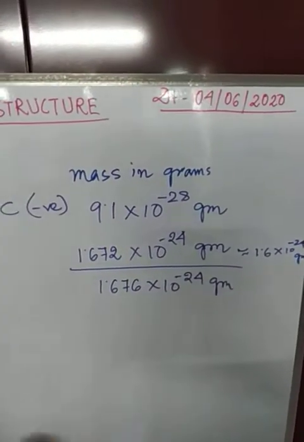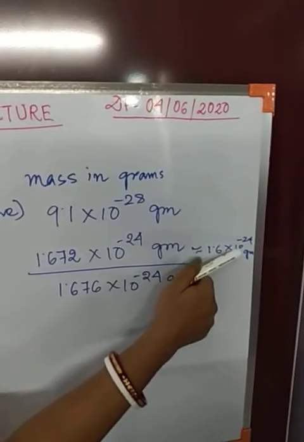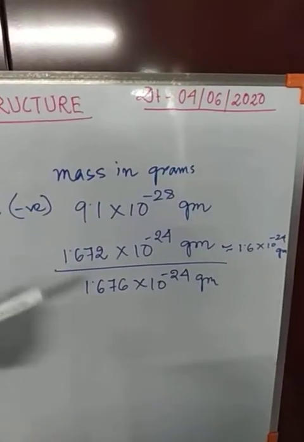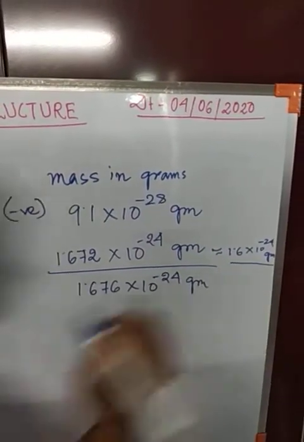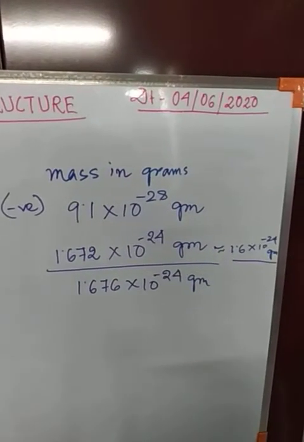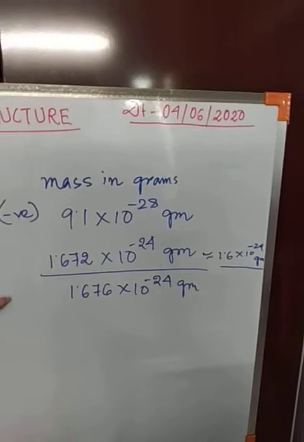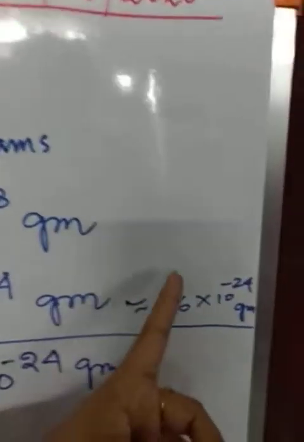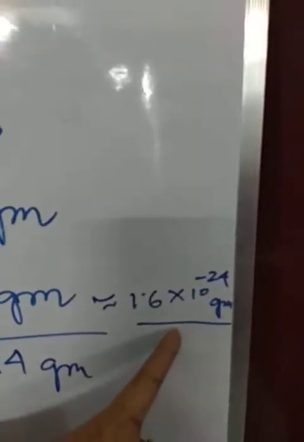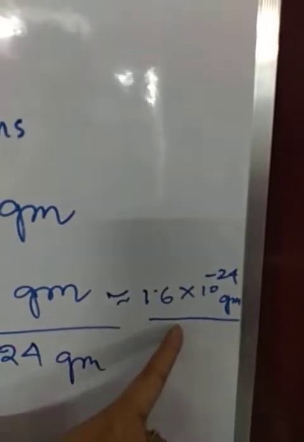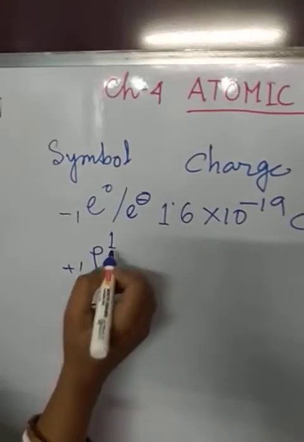This is the unit mass, or the lowest possible mass. Lowest possible mass means this is the significant mass, and that's why it is taken as the unit.